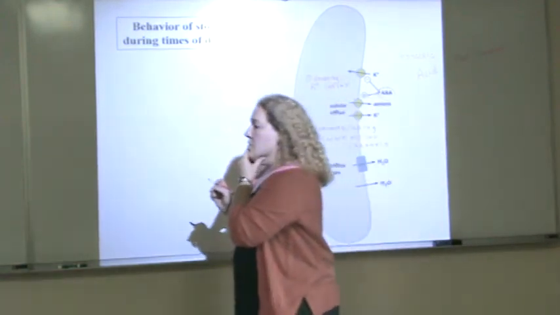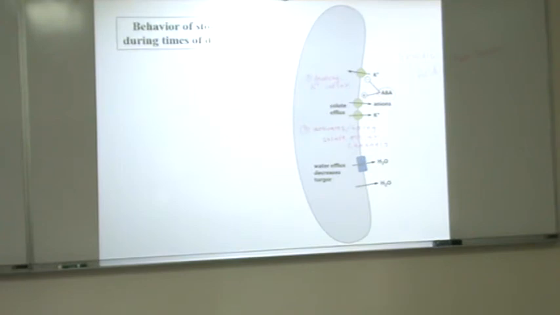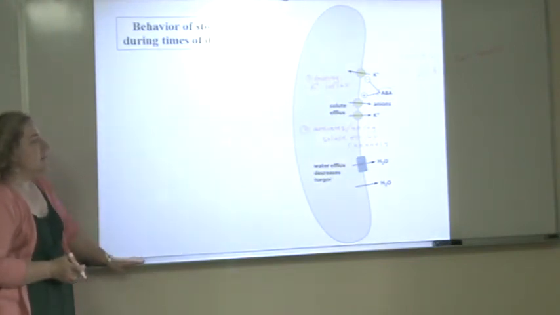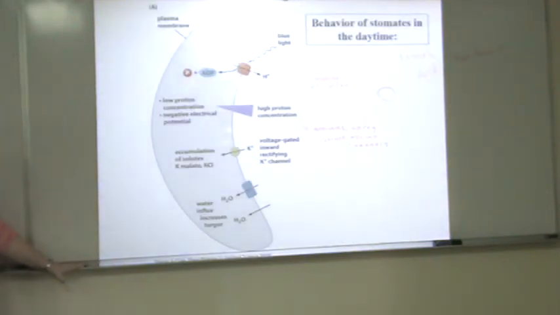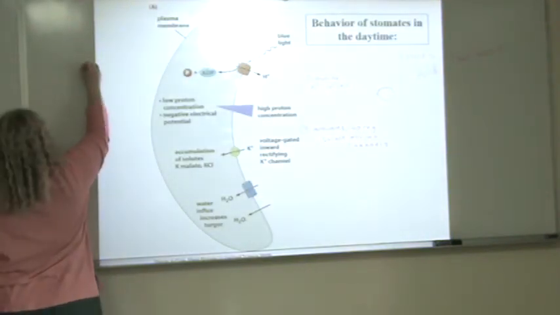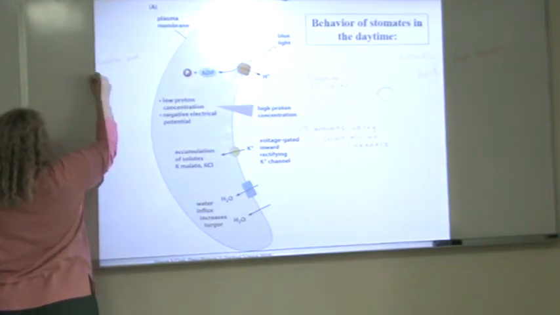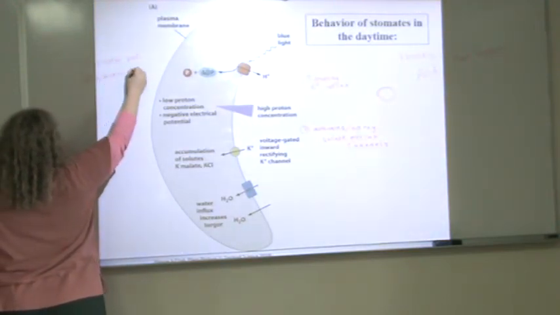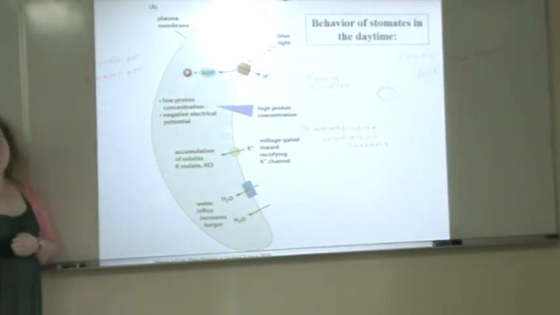What I want you to do, I'm determined to show you that quiz, which is about another area of class. What I want you to do before Wednesday is to go back to these two pictures, and label them for the directions of the osmotic potential, the directions of the water potential, and I mean which way is the gradient pointed, like which side is high, which side is low.